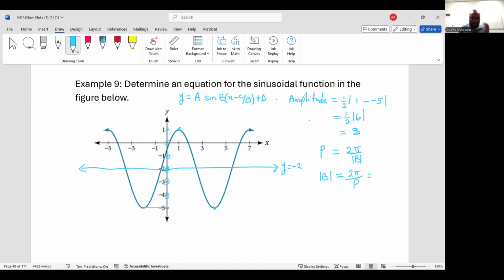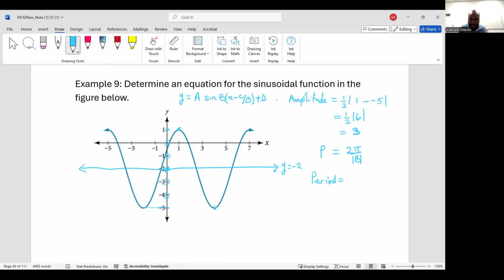Now, but we don't know the period. However, remember, we can find the period. Let us find the period. That is P. Period is, again, just the distance between two highest points or two lowest points.